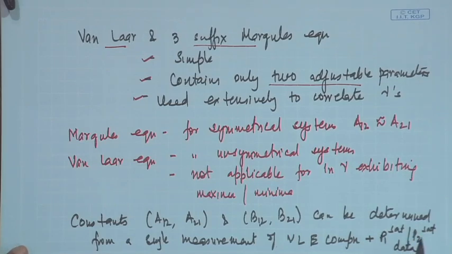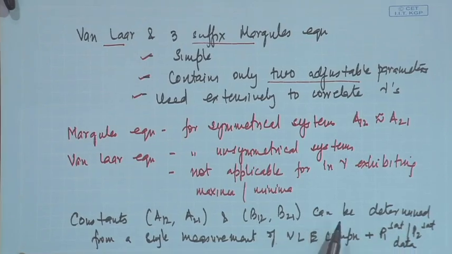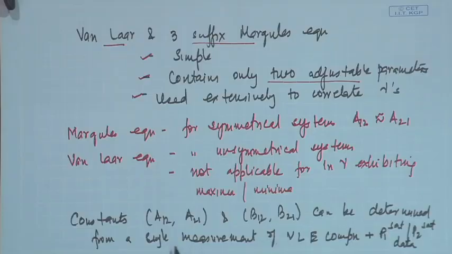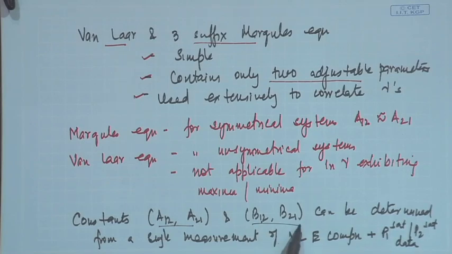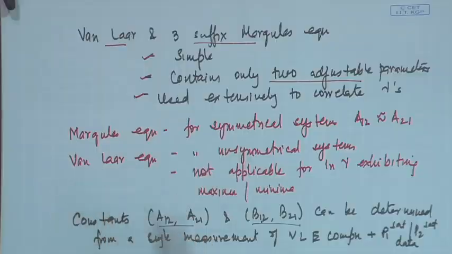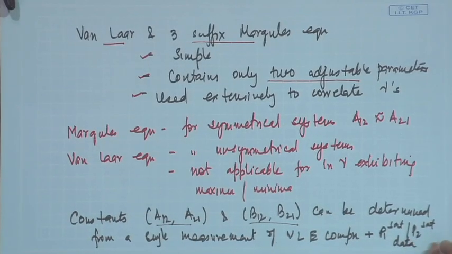We will be doing a few problems shortly to show you how, from a single measurement of VLE composition along with either the Antoine constants or data on saturated vapor pressure of components 1 and 2, we can find these constants, and as a result generate the gamma values using either the Van Laar or the 3 suffix Margules equation, right.